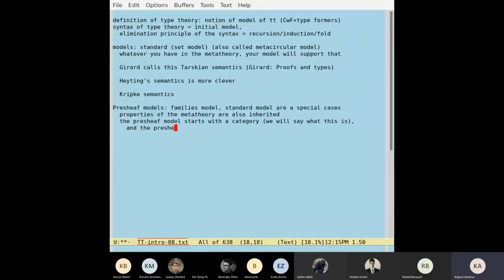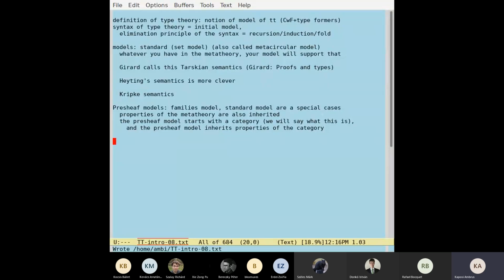And the presheaf model also inherits properties of the category. So it's a general way to combine things from your meta theory and properties of a category. If the category has some special properties, then the presheaf model will also have those.